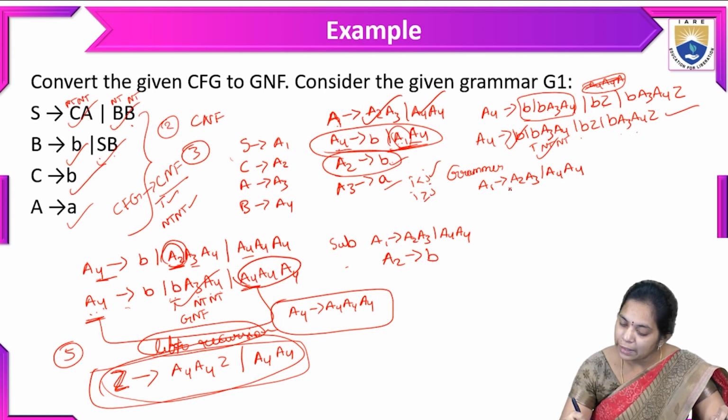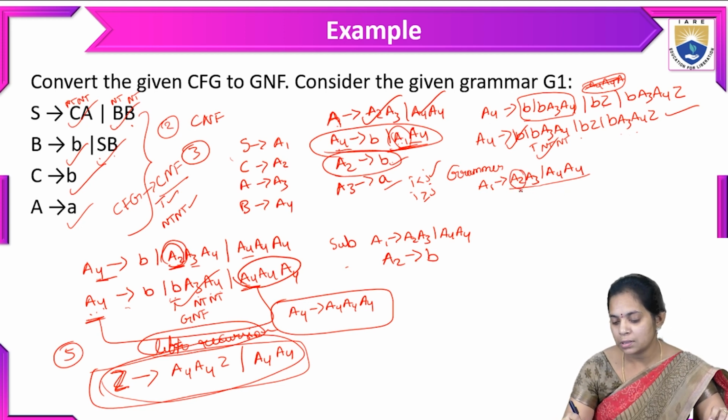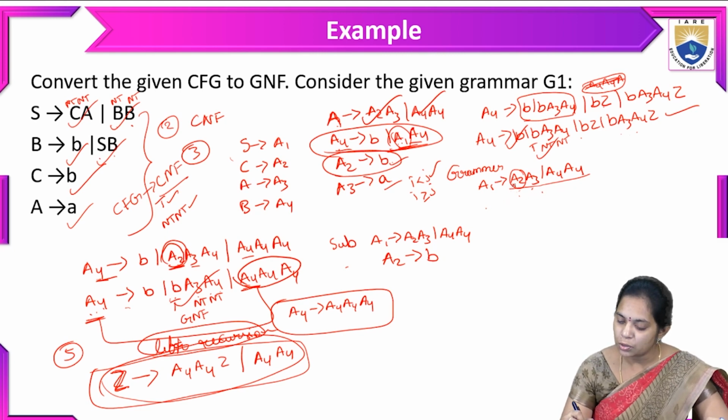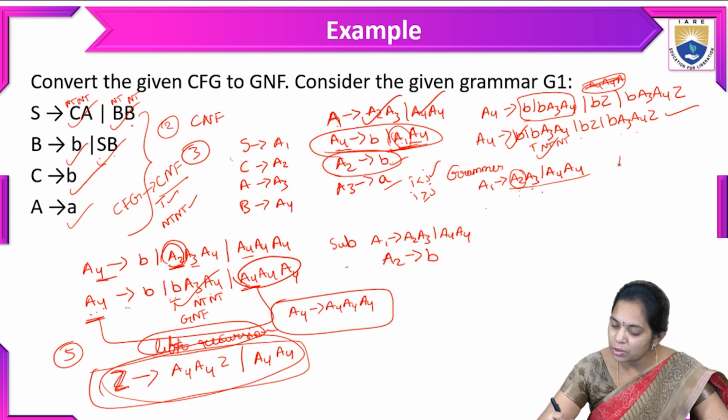But here we also have to change this. Why? Because this production rule is not satisfying the Greibach normal form, since both are non-terminals. So we have to change that to a terminal which is followed by the non-terminal. So for this one we will substitute A2 tends to B.